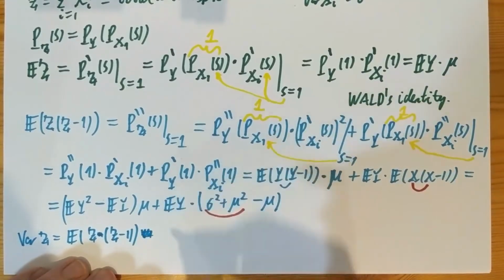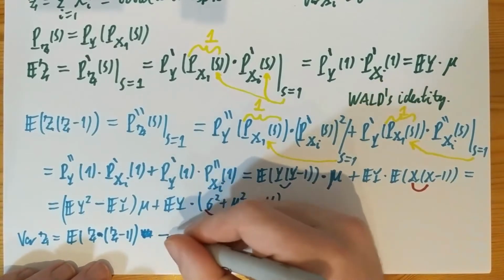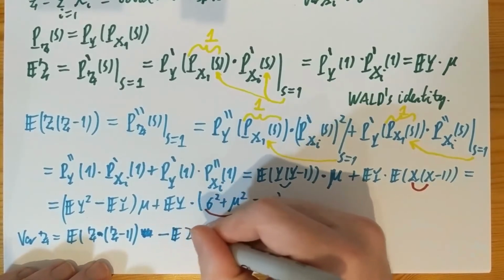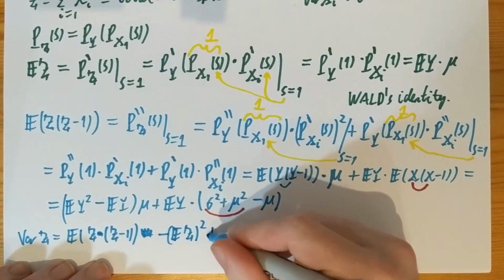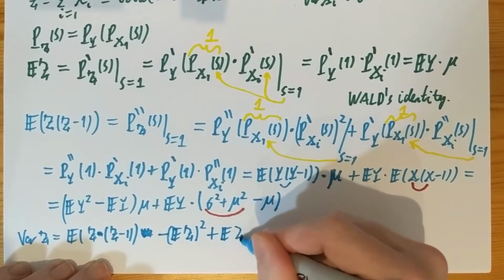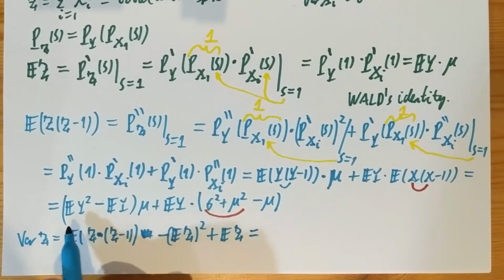Well, that's not equal yet, because I have a second moment here, but in the variance I had a minus square of the first moment, whereas in here I had a minus first moment only, so I have to add that back. And then I can plug in everything from the previous lines. So E of Z, Z minus 1 gives me the line above.